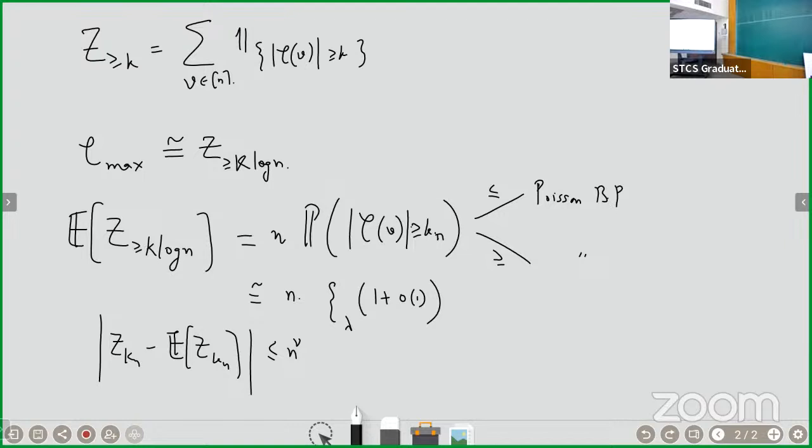So what more do I need to do to get my result ready? I need one more step: that the probability that there is any vertex such that the connected component is greater than little kn and smaller than alpha log n is small.